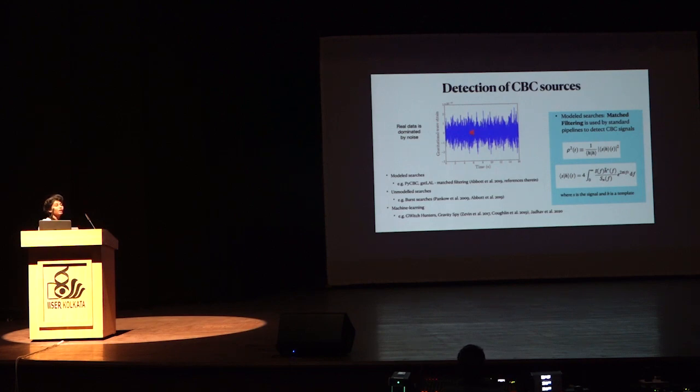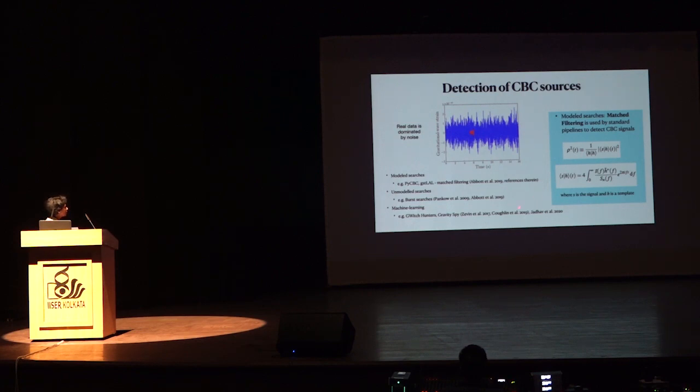I have added some references for other searches that have again been used successfully, but I would like to quickly mention some of the upcoming methods that involve machine learning. So, for example, there is this project called Gravity Spy. This includes machine learning combined with citizen science as a means of identifying different noise sources, noise features that are there in the data, characterizing them and understanding their origin, and so on.